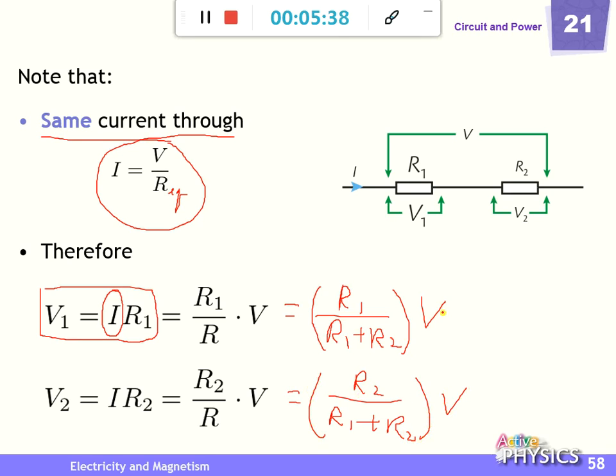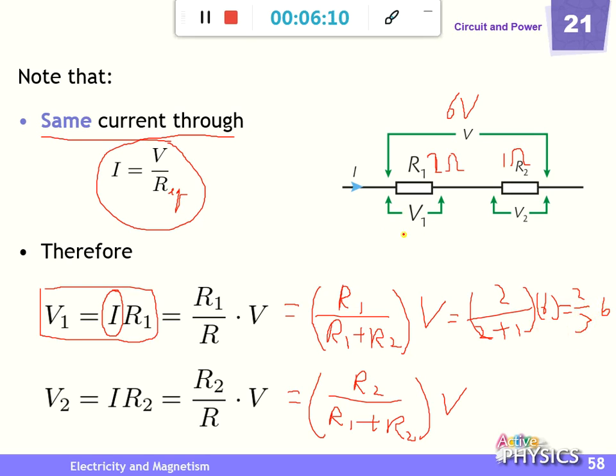Okay, what is the meaning of it? It means that if I say that V is 6 volts, R1 is 2 ohms, and R2 is 1 ohm, then you can see that the ratio should be 2 plus 1, with R1 being 2. After your calculation, you can see that this should be 2 over 3, and then times 6.